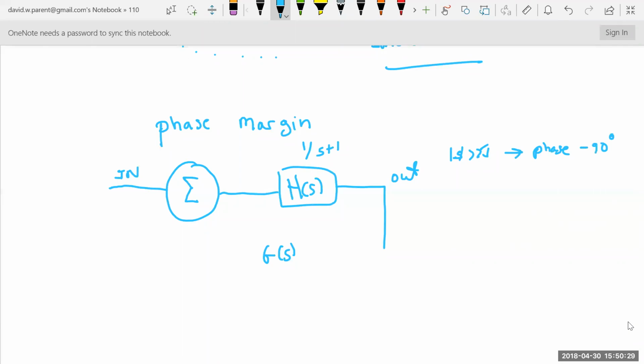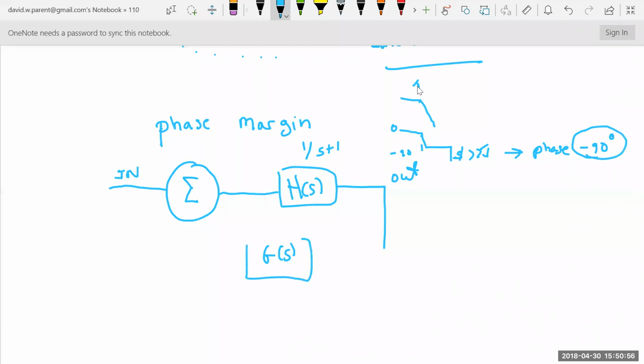If you look at that Bode plot, that's the magnitude, and then the phase is going to go from 0 to minus 90, and this is omega naught at 1 radian per second. So this system has a phase of minus 90.